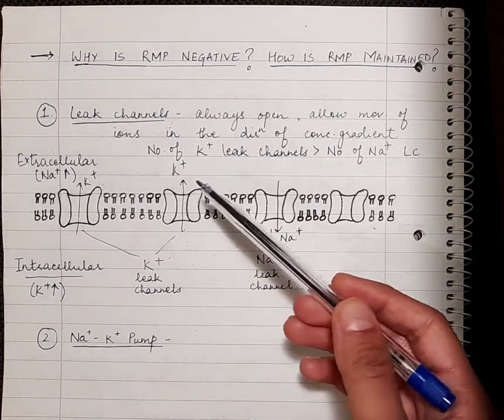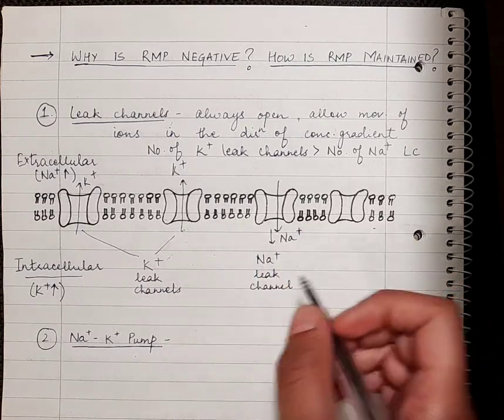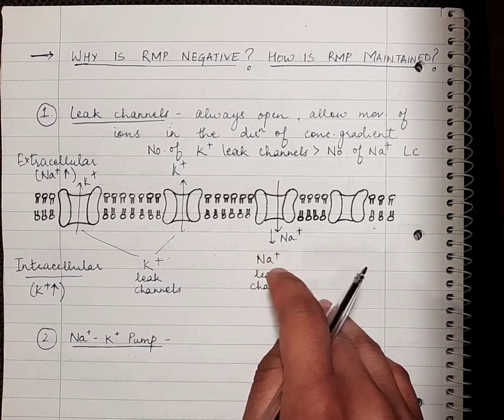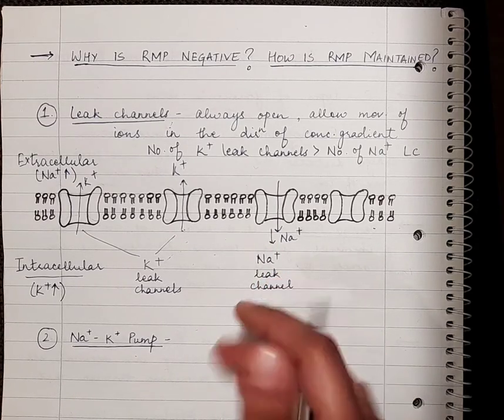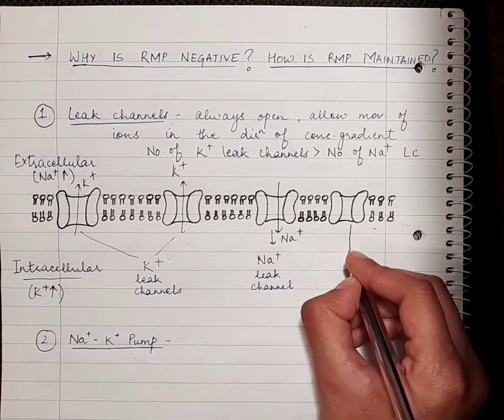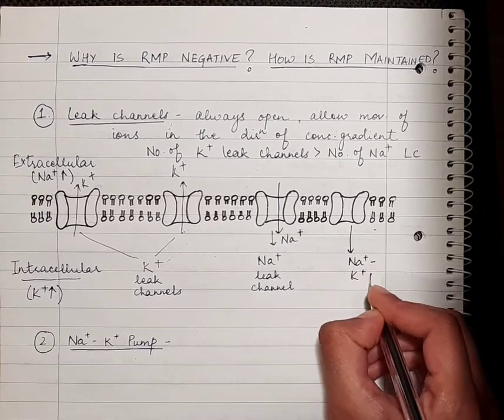Now to counter the effect of more positive ions going out, because the resting membrane potential has to be maintained, there is another channel which comes into play, which is called the sodium potassium pump. So let's take this as the sodium potassium pump.